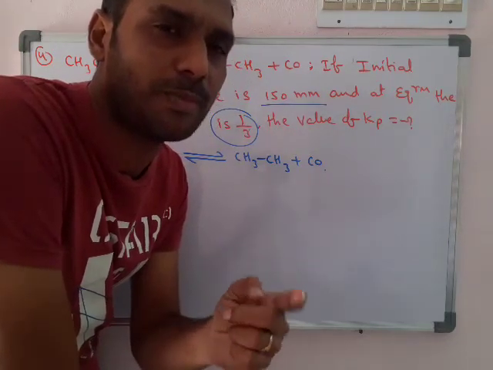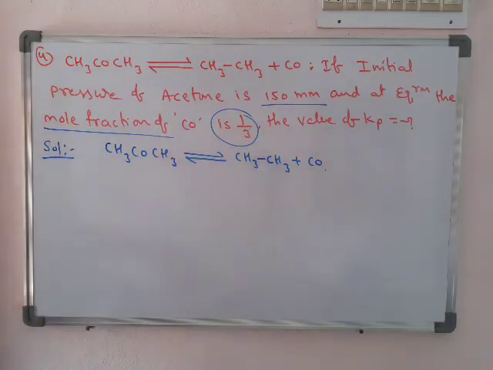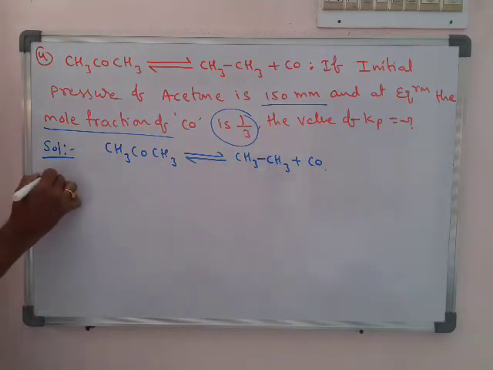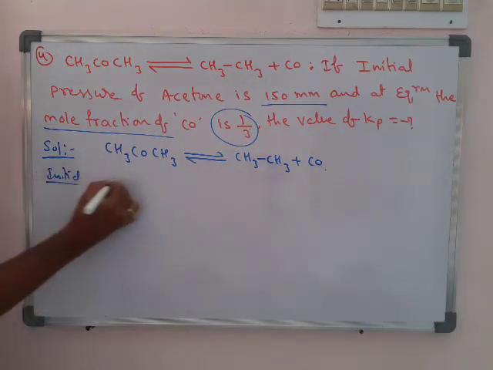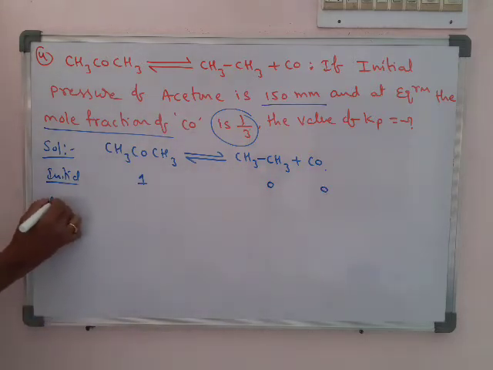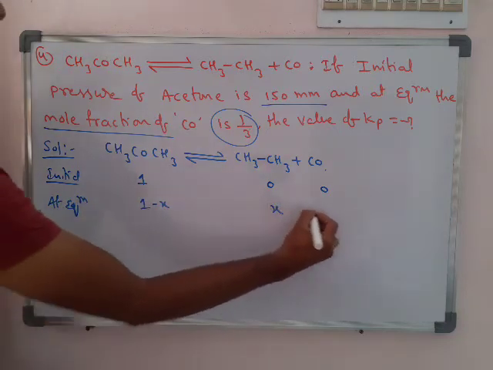So what is the mole fraction? First we have to find it. Let's take initial moles as 1, 0, 0, and at equilibrium it is 1 minus x, x, x.